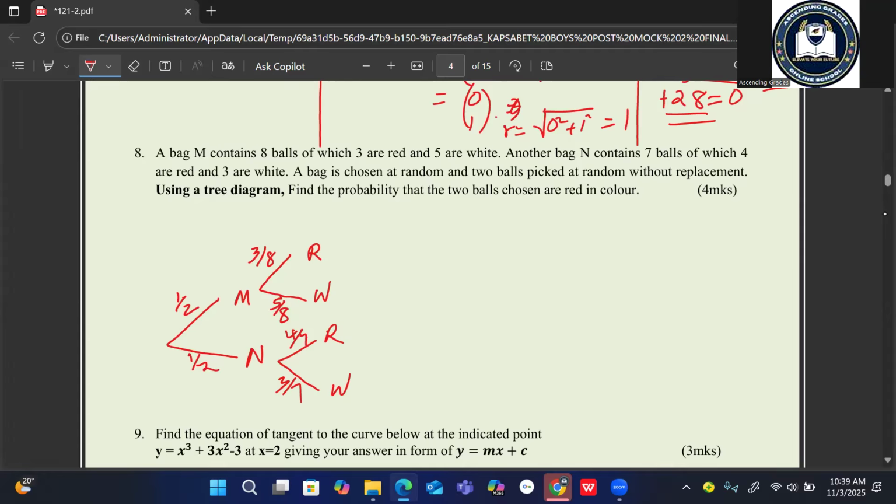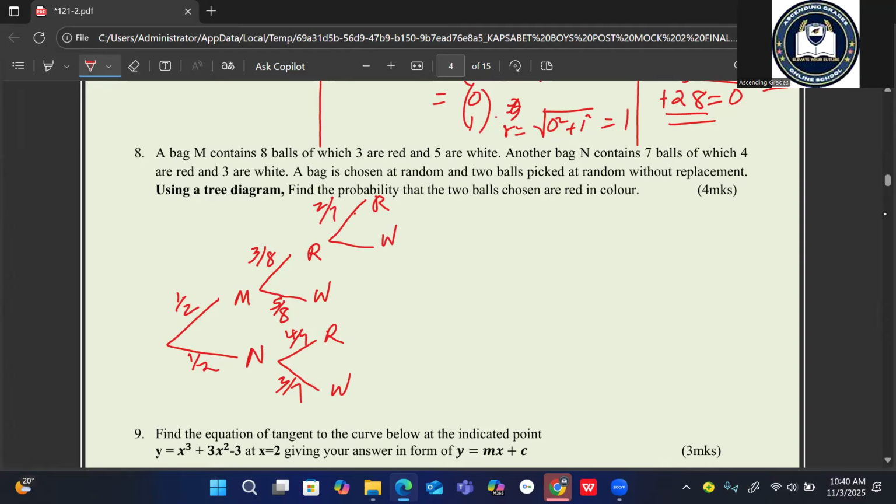So the one who was choosing the balls has already taken one of them in either bag M or N. So we go to the second time to see how we will take them. We have red and white. If he takes red on the second time, it means that 2 out of 7 will remain.